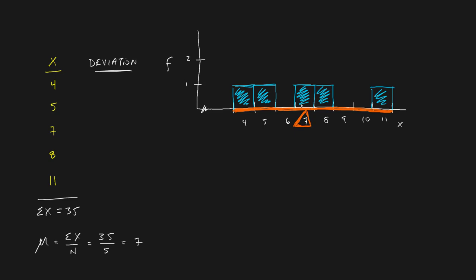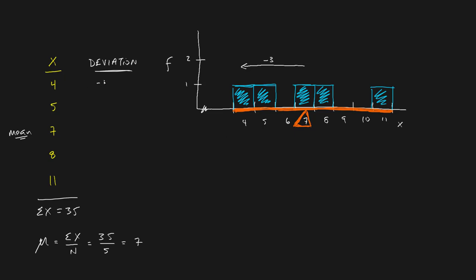Let's take a look at our first value here, 4. How far is 4 from the mean? Well, 4 is 3 below the mean. So if I start at my mean and I go back to 4, what I've done is I have gone back 3 on my axis.